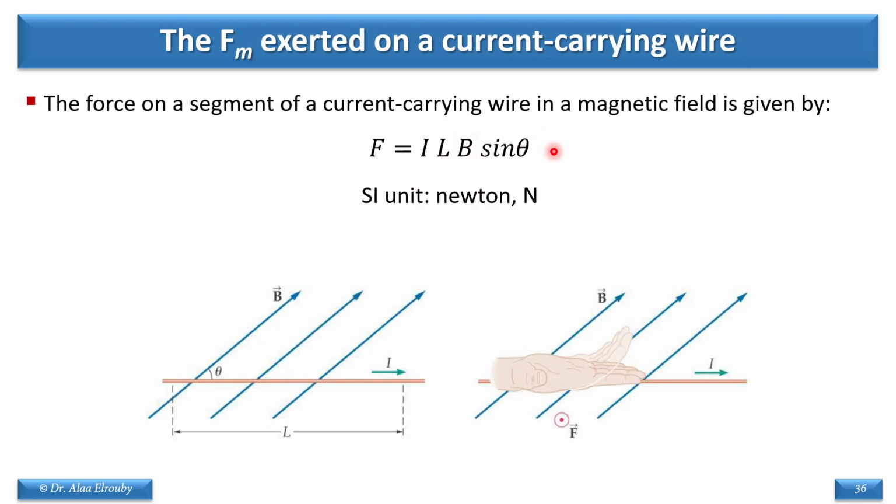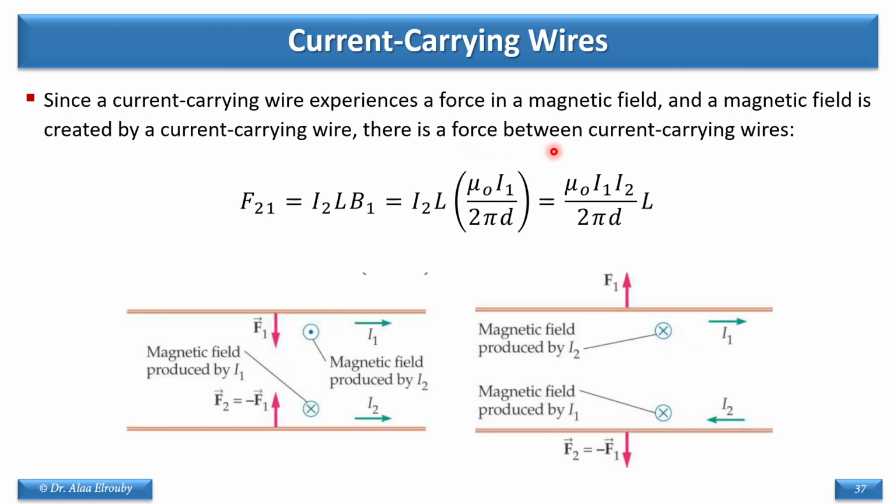Sine theta in this case is 90 degrees. F21 is the force affecting current 2 because of the field generated by current 1. So I2 L multiplied by B1 equals this quantity, which equals mu naught I1 I2 divided by 2π times the separation between the lines, multiplied by their length.